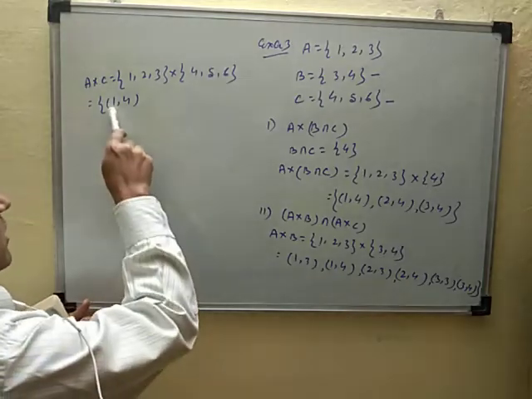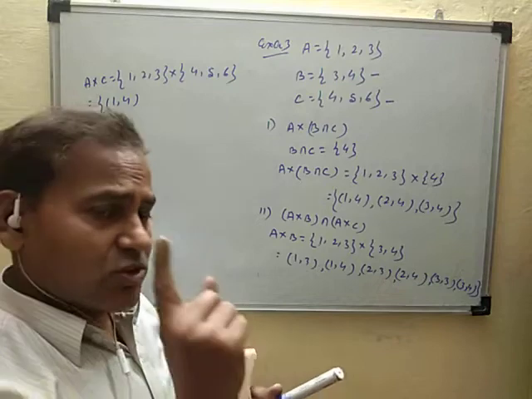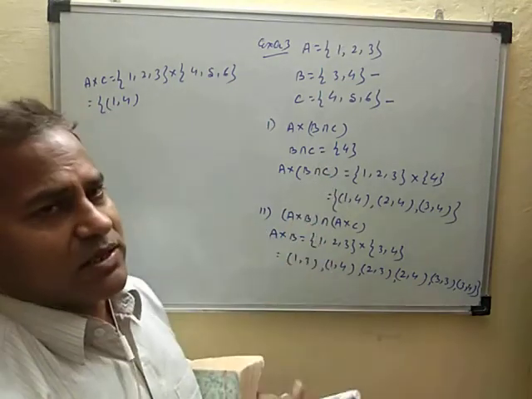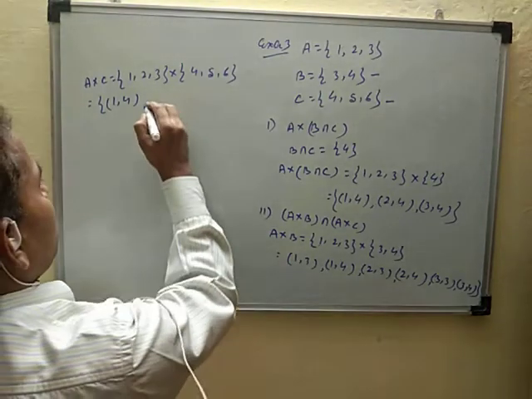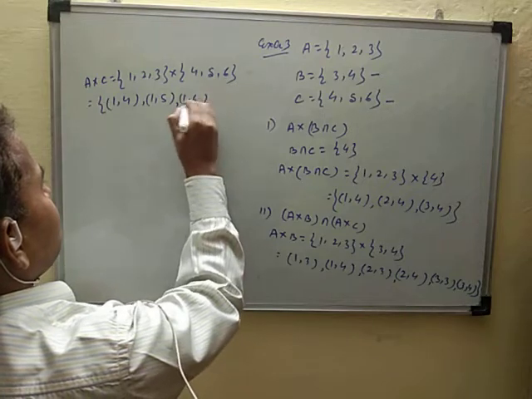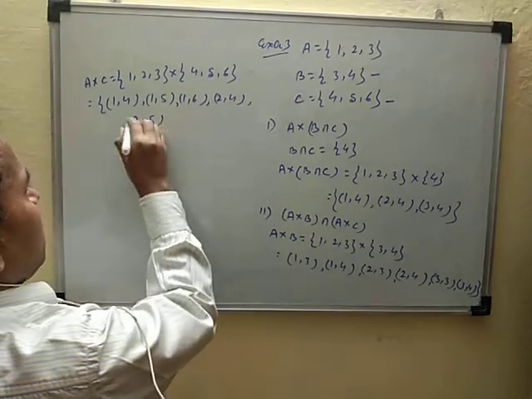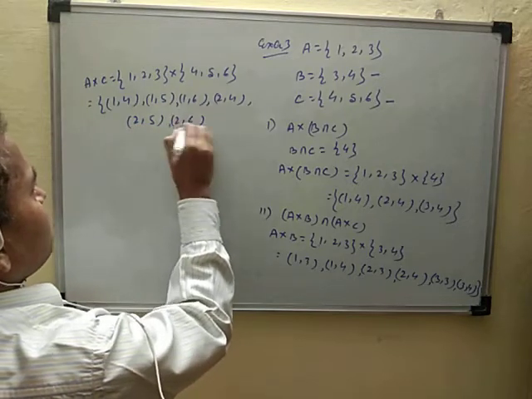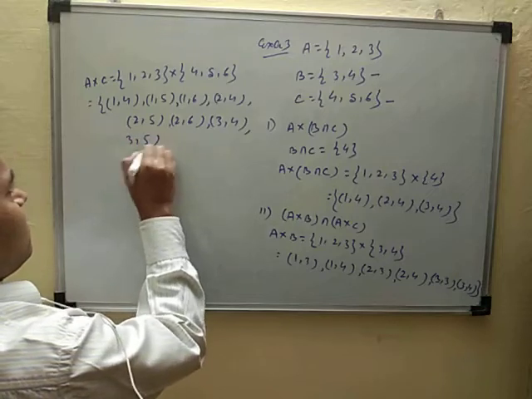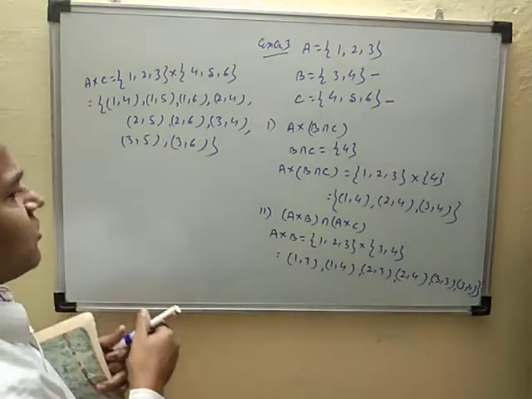Ordered pair elements are written in small brackets. And since the Cartesian product of two sets is also a set, the whole set is enclosed by curly brackets. So (1, 4), next (1, 5), (1, 6), (2, 4), (2, 5), (2, 6), next (3, 4), (3, 5), (3, 6). This is A cross C.